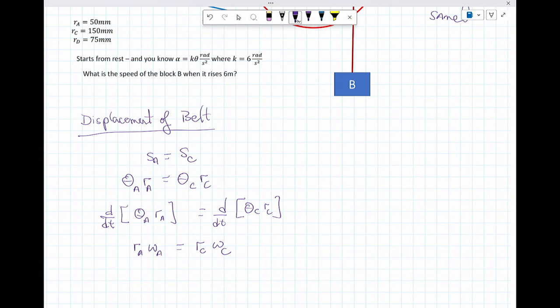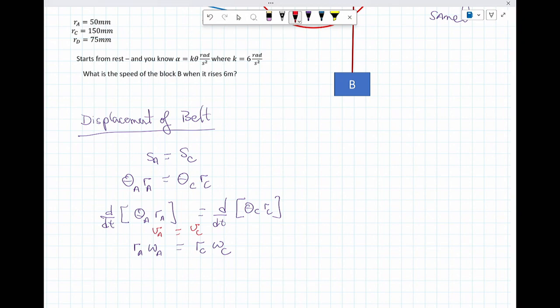So maybe I'll do that a little bit more explicitly. Now the other thing is there's no time derivatives on RA and RC because those are not changing with time. So RA stays constant, RC stays constant.